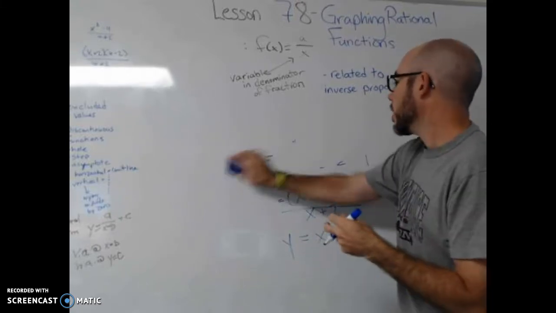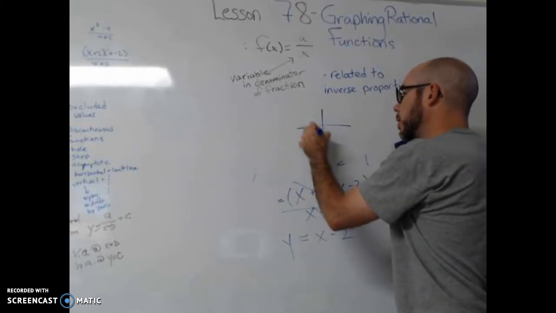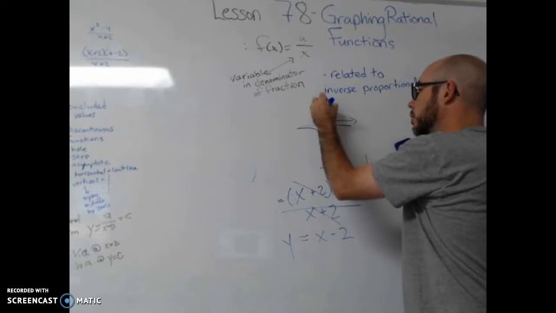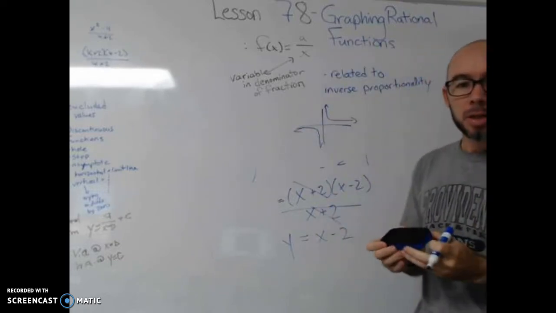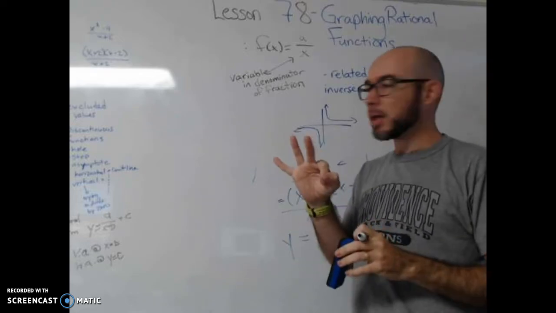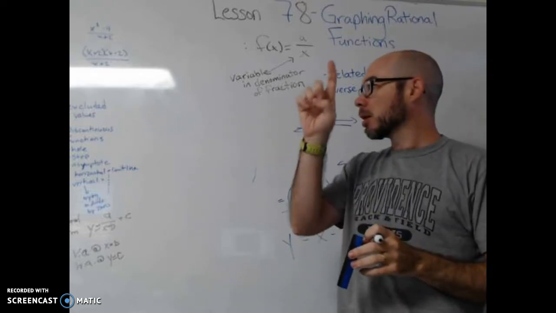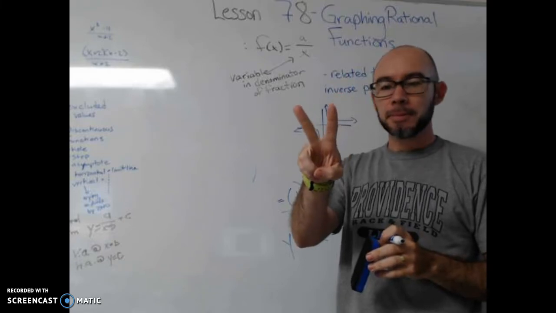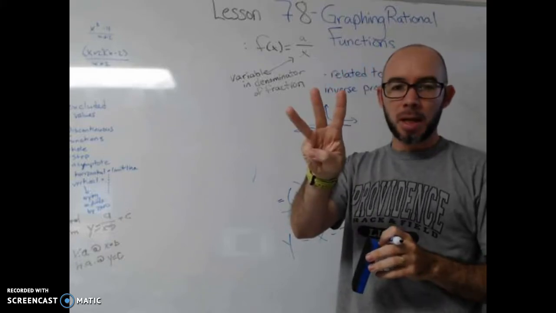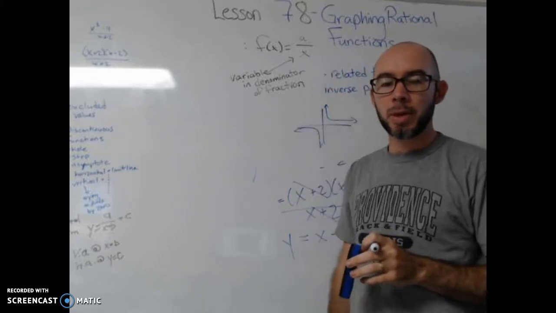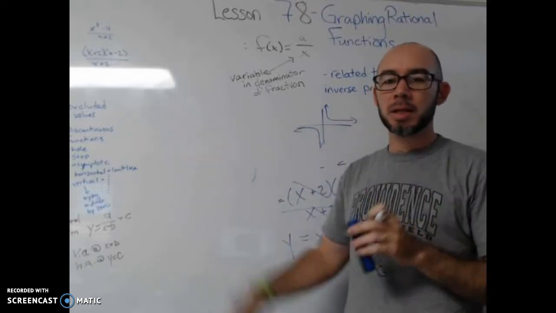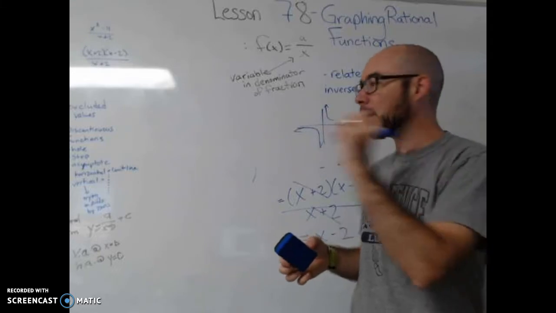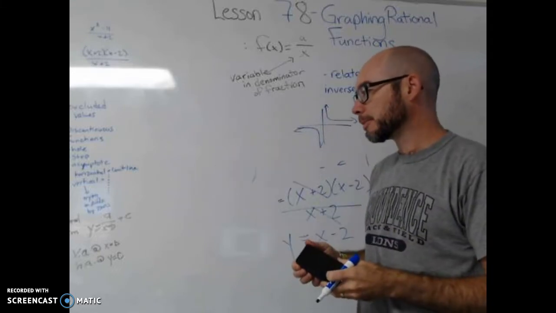Or like we had in the original problem, where we have to skip completely, where we have an asymptote. So there are three possibilities: there may be a hole, there could be a step, or there could be an asymptote. There are three reasons why you can have something that is not continuous. It's discontinuous. You have to discontinue drawing and start somewhere else.